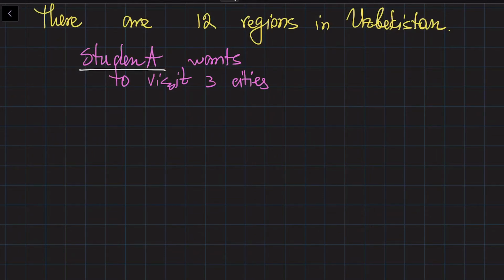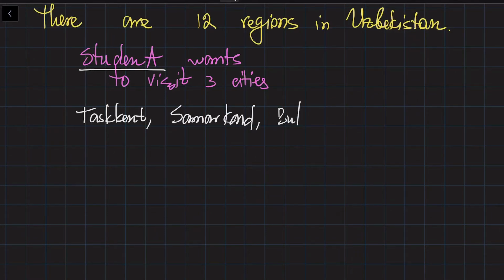For example, if student A wants to go to Samarkand and Bukhara, just the list of cities. I don't really need the information on how exactly the student wants to go to the cities, whether he wants to go first to Samarkand, then Bukhara, then Tashkent, or vice versa. It doesn't matter. I just need the 3 cities out of 12.